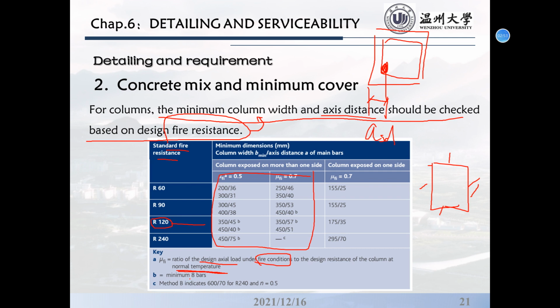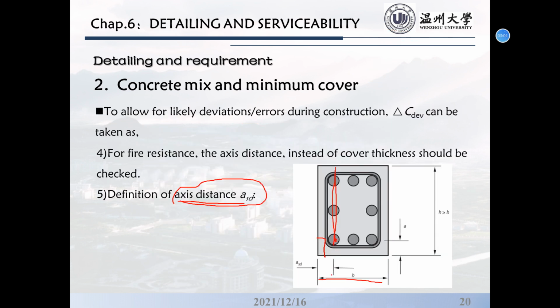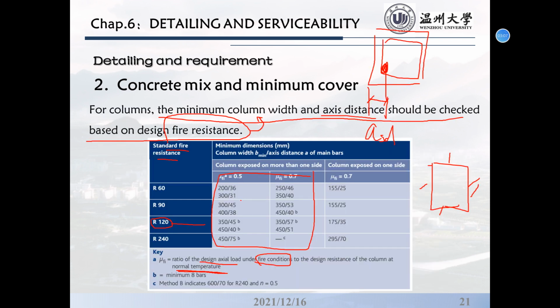B is the minimum 8 bars. B means this one. B divided by AST should be near to these values.